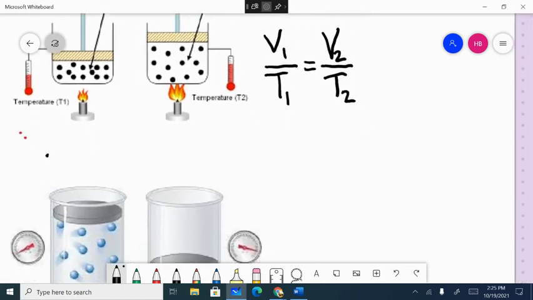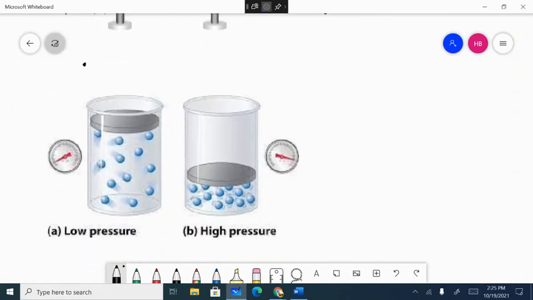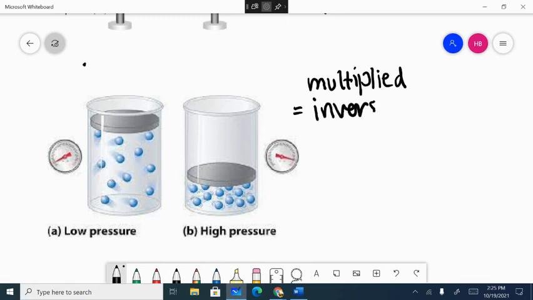Let's go to our next scenario, which is pressure and volume. When things are multiplied by each other in formulas, they are not indirectly but inversely related. Inverse means that as one goes up, the other goes down. So as expected, if you pressurize something, it will take up less space.